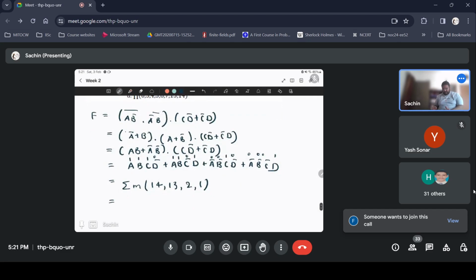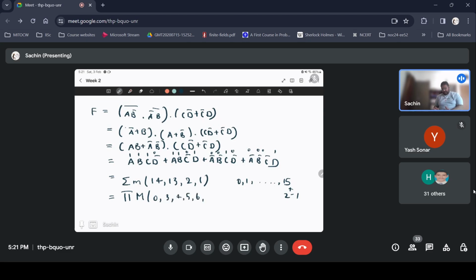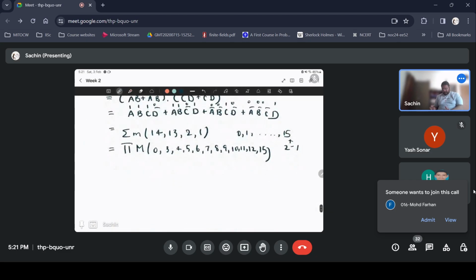So in terms of product terms or max terms, it's the rest of the terms. So for 4 variables, the terms go from 0 to 15. It's 2 power 4 minus 1. So it will be 0, 3, 4, 5, 6, 7, 10, 11, 12, 15, which is option C.